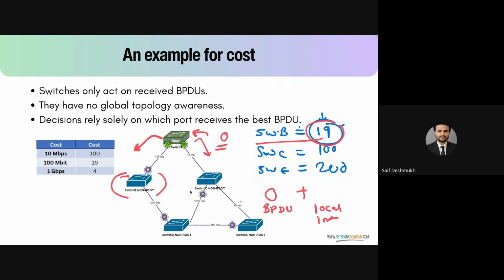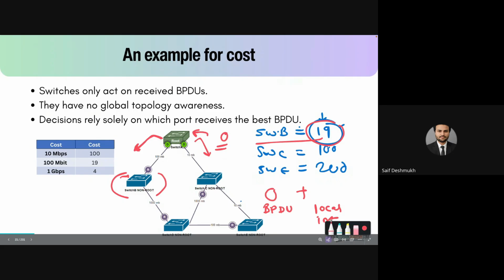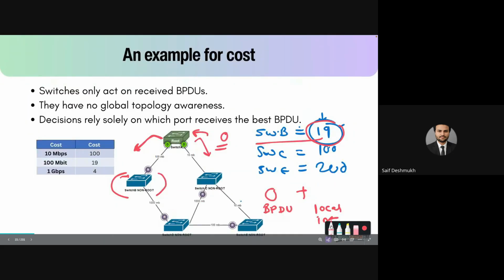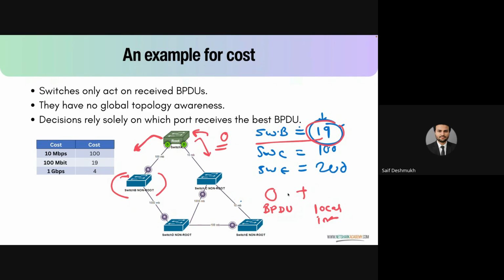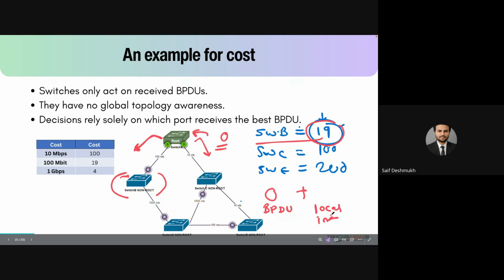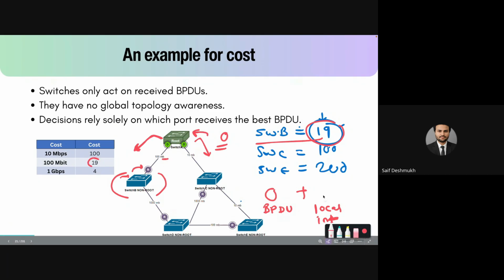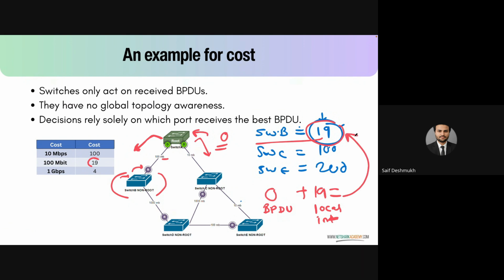Even if it has 100 interfaces, Vijay, it will do that for every interface. It says: I'm receiving BPDUs from 100 interfaces, I take the cost inside those BPDUs and the local interface cost. The local interface here is a 100 Mbps interface, so the cost is 19. So 0 plus 19 is a total of 19. Does that make sense how it works?